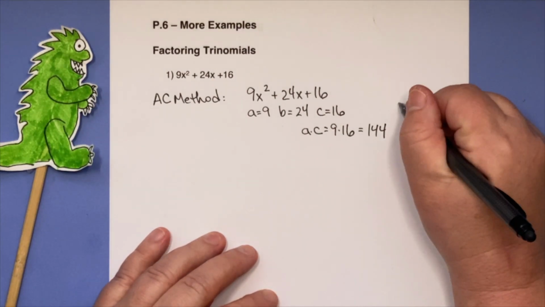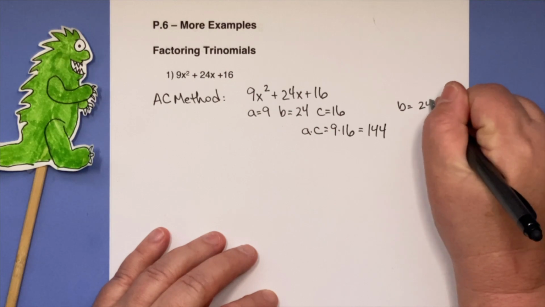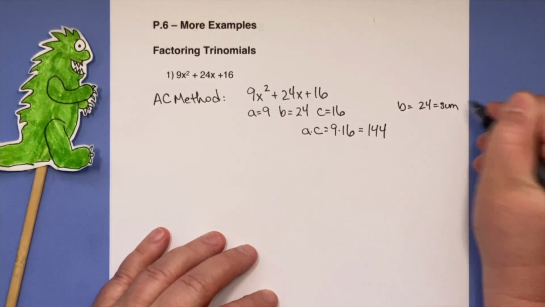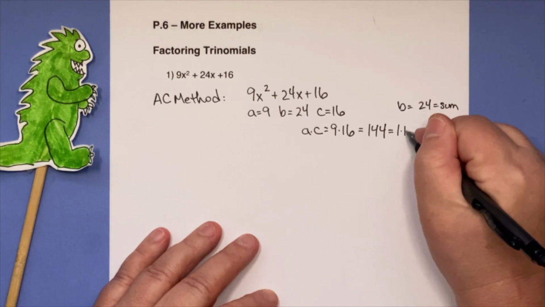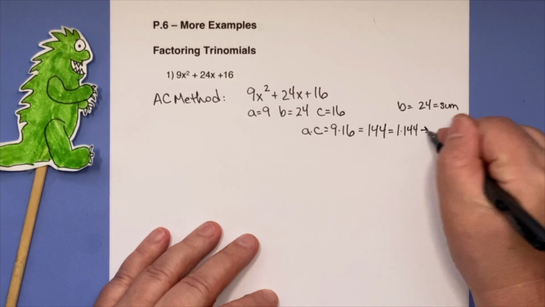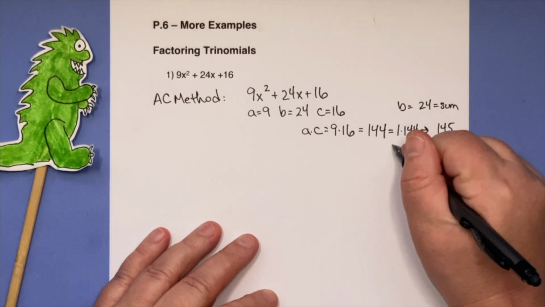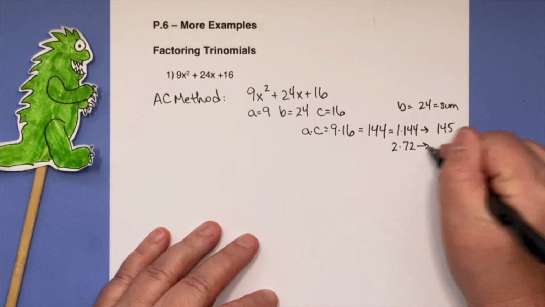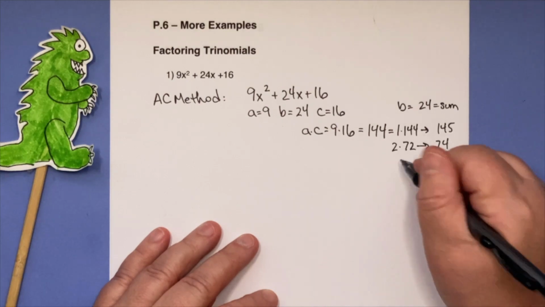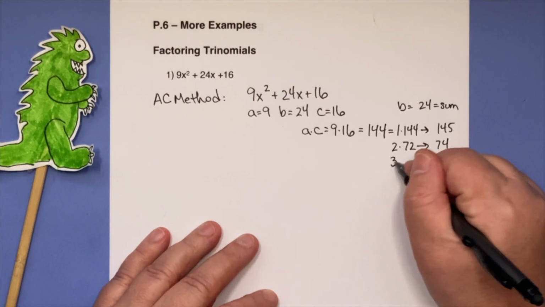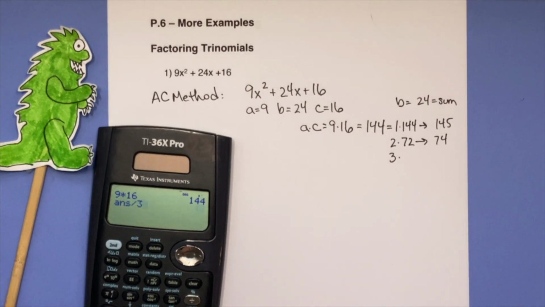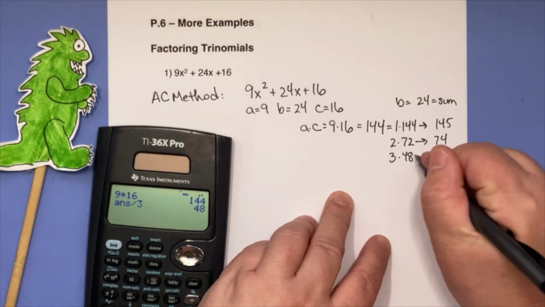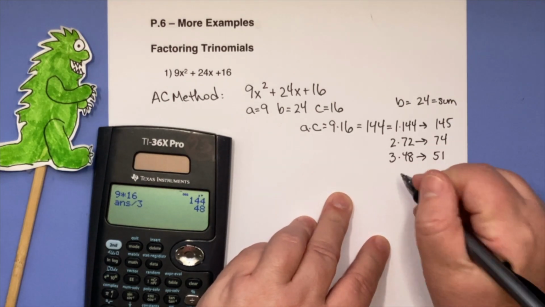Our B is 24, so that should be the sum, right? And so we can do 1 times 144, the sum would be 145. 2 times 72, the sum would be 74. 3 times, and here I'm going to say 144 divided by 3, 3 times 48, the sum is 51.